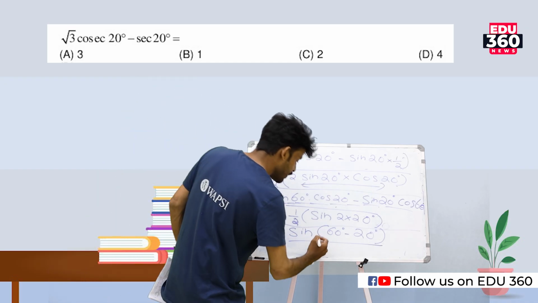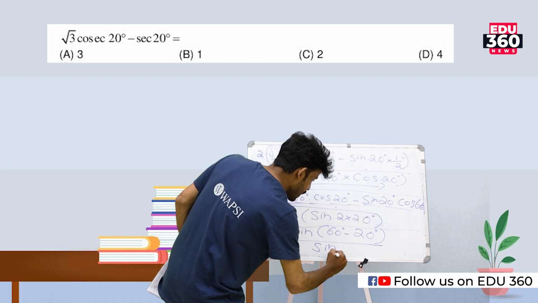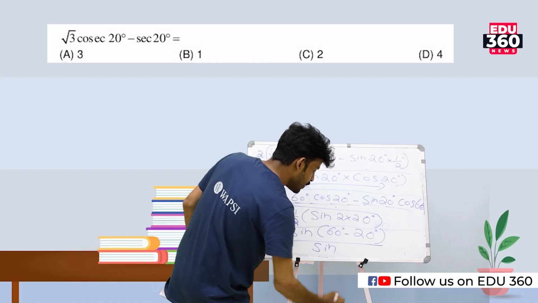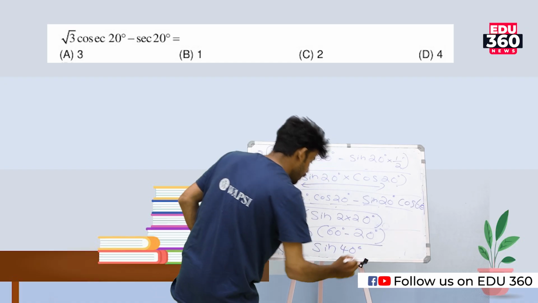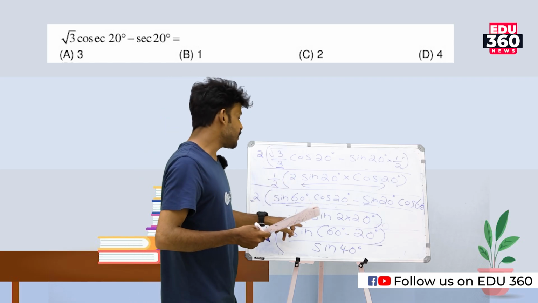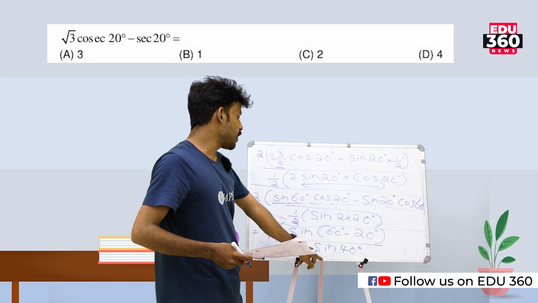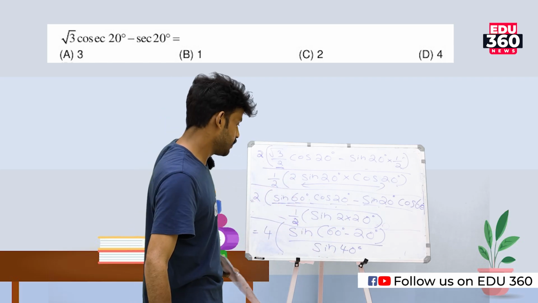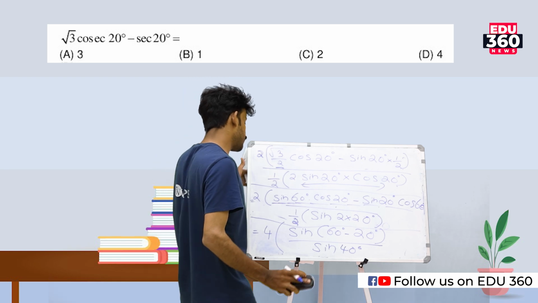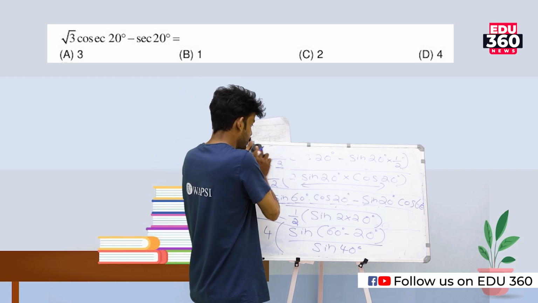On the denominator, it is sine 2 into 20 degrees, that is 40 degrees. So that is sine 60 minus 20 divided by sine 40 degree.